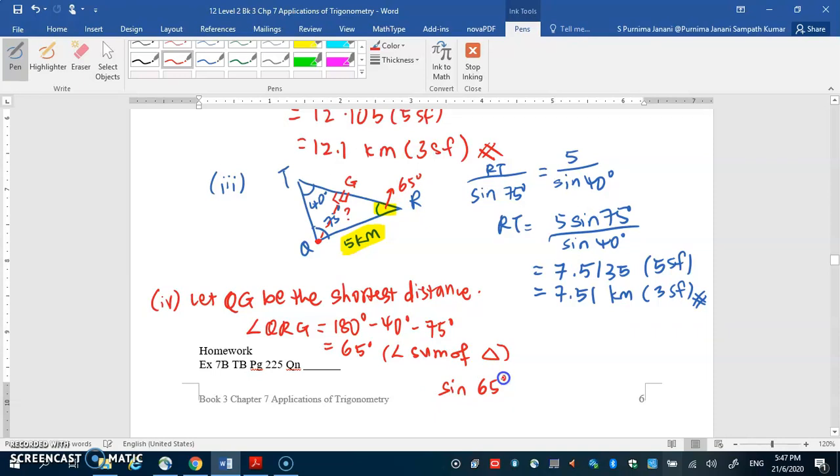Sine 65 degree equals to opposite over hypotenuse. Therefore, QG is equals to 5 sine 65 degree, which is equals to 4.53 kilometers to 3SF. And you're done with this long question.